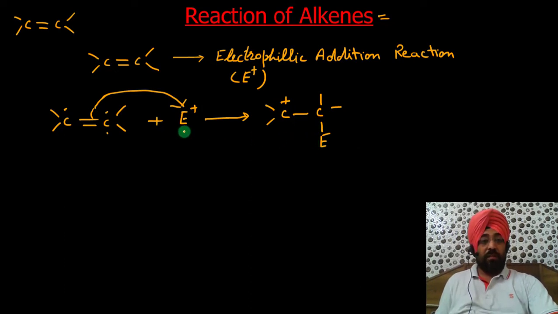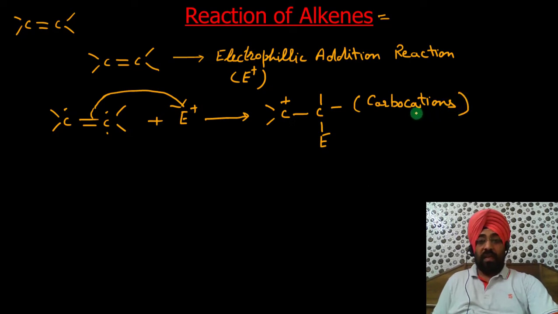So when we add an electrophile, it adds to one of these two carbons, and the other carbon carries a positive charge. The species which have a positive charge on carbon are called carbocations. These are the reaction intermediates.